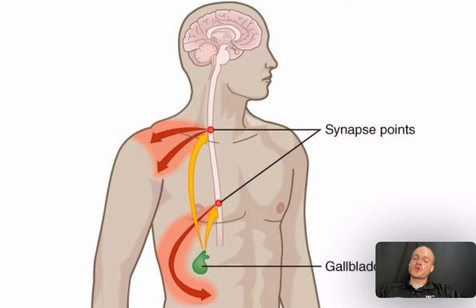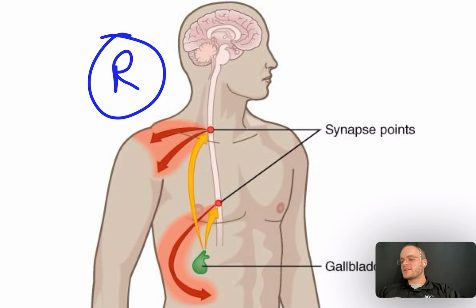When this thing gets all irritated, it will create pain up here into the patient's right shoulder. That's a very distinct hallmark of gallbladder pain: they could have right shoulder pain. And it's really weird to the patient to say, my shoulder's killing me and I have nausea and vomiting.